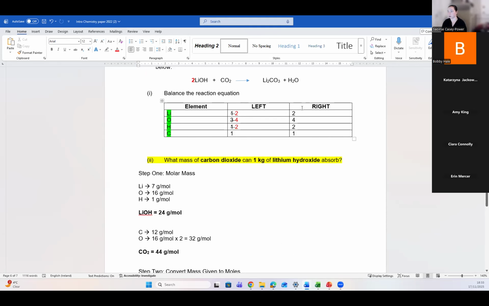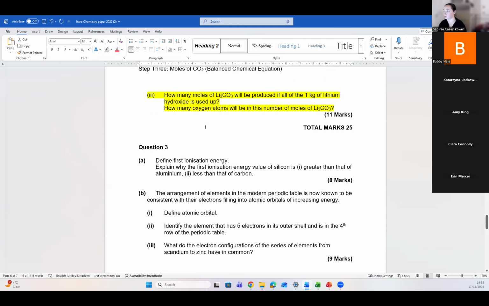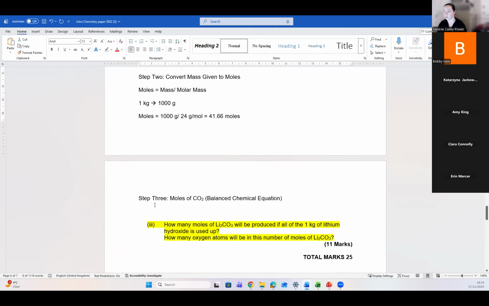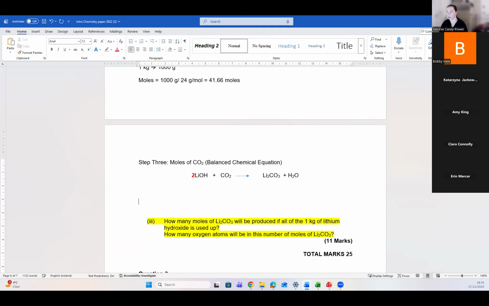I'm going to copy this down so I don't have to keep scrolling back up and down. That's our balanced chemical equation, which we worked out at the very start. We're looking at the ratio between these two, and we're not worrying about our products in this case. We're only looking at lithium hydroxide and carbon dioxide.